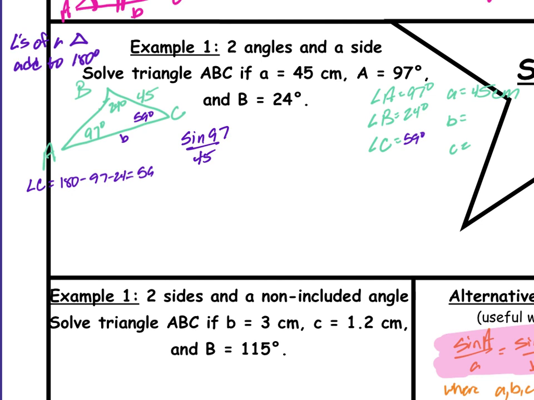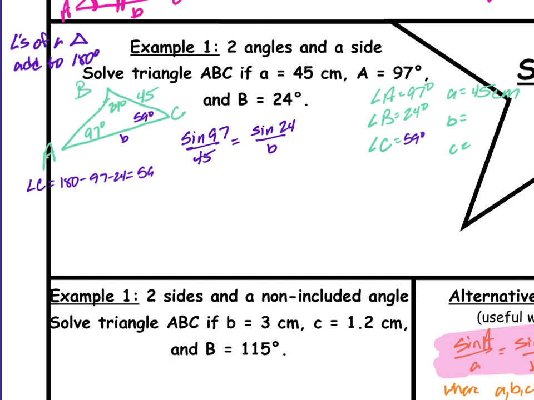I have big A on top and little a on the bottom, so the A's have to go together. And then to find side B, sine of 24 over B. Now I'm going to cross multiply and solve.